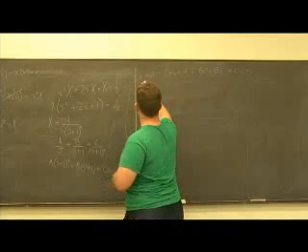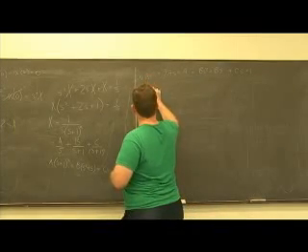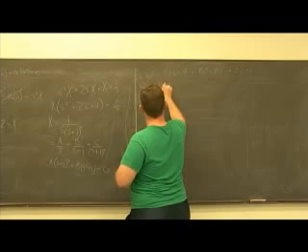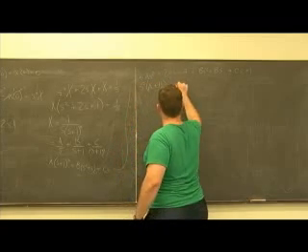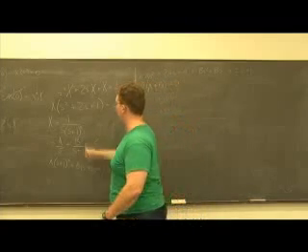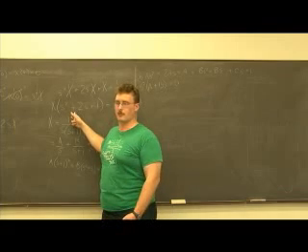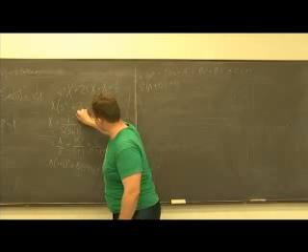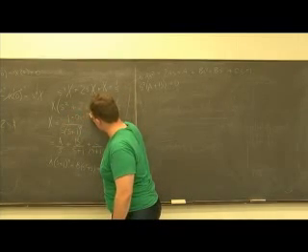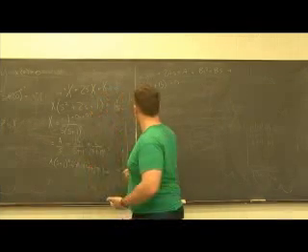For s squared, we get A plus B, and that has to be equal to 0 for the coefficient, because on the right side we don't have any s squareds. You could also view this as 0 s squared, if that helps.